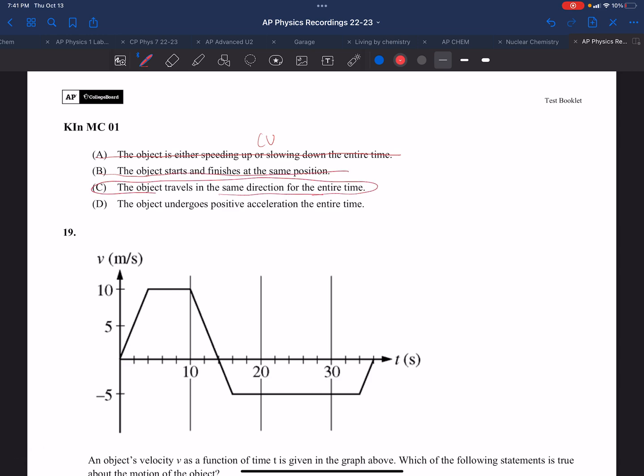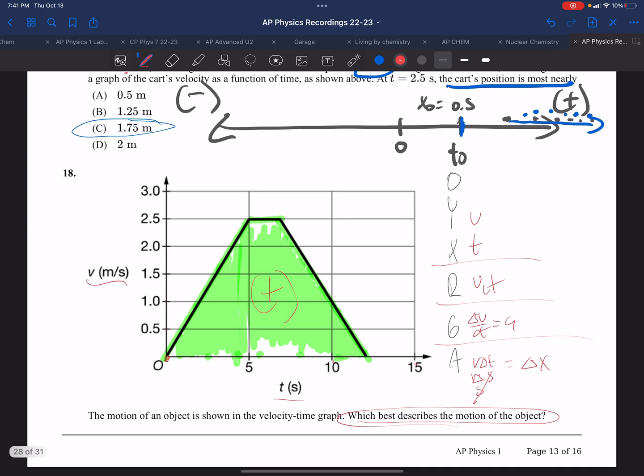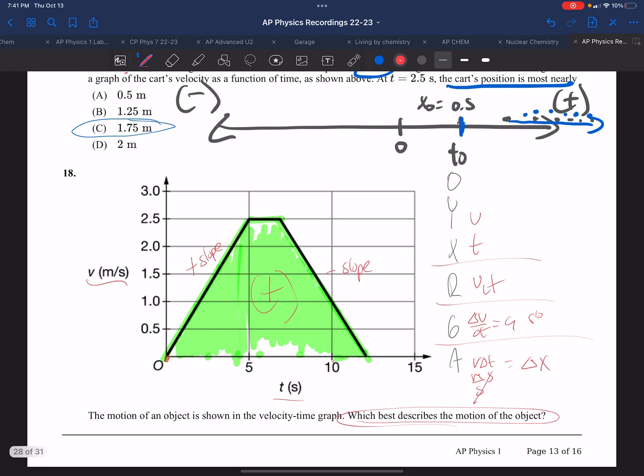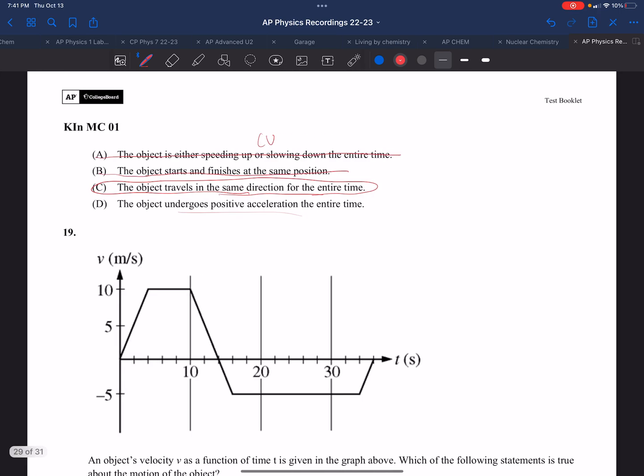We think that's true. Positive area, positive displacement. It undergoes positive acceleration the entire time. Acceleration is the slope. This is positive slope. This is negative slope. So they don't have the same acceleration the entire time. And in fact, sometimes the acceleration is 0. Here, the acceleration is 0. So that choice is out again.